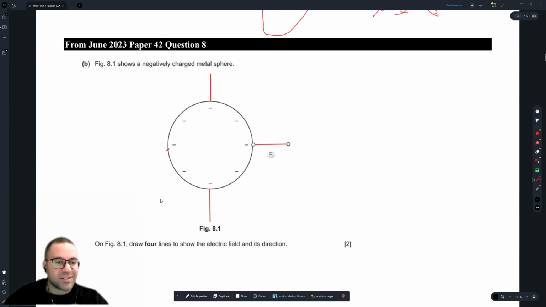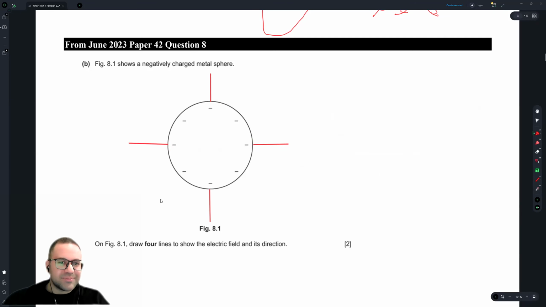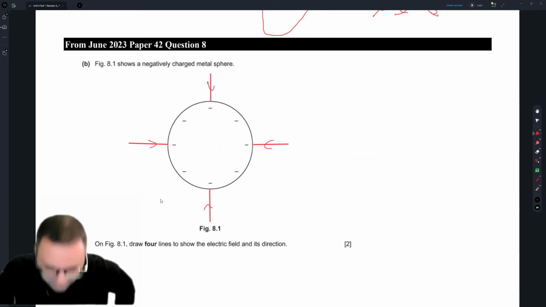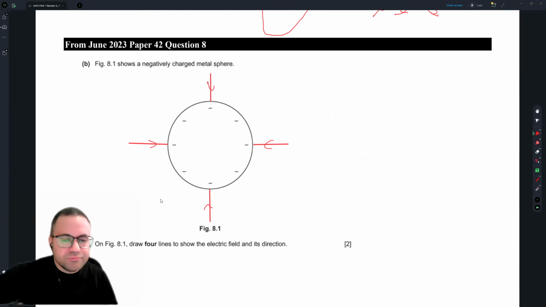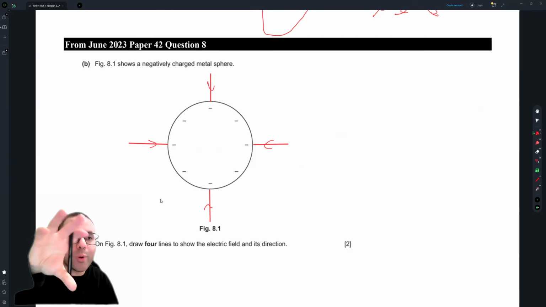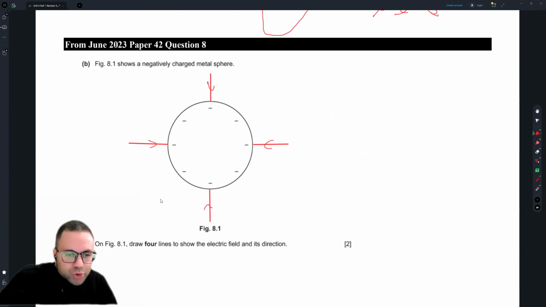You might say, but it gets attracted. Yeah, to which side? You don't know if it's perfectly in the middle. Now, because this is a negatively charged sphere, you draw the lines going into it. Piece of advice: if I draw a sphere, do not draw the field lines going inside the sphere. You should draw nothing in here.